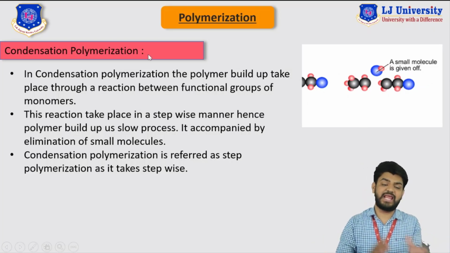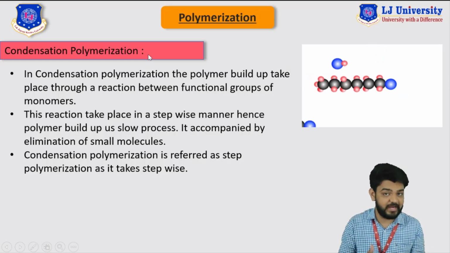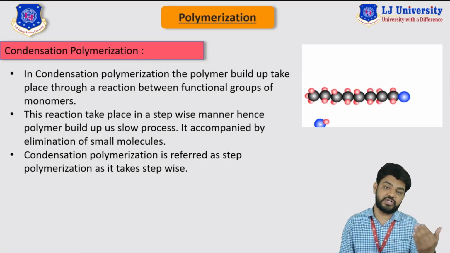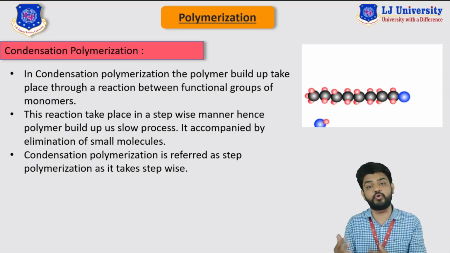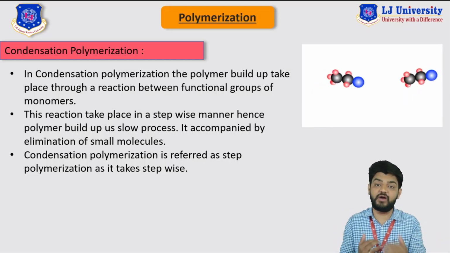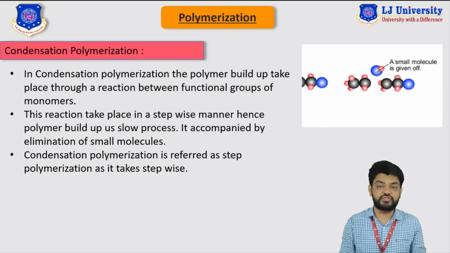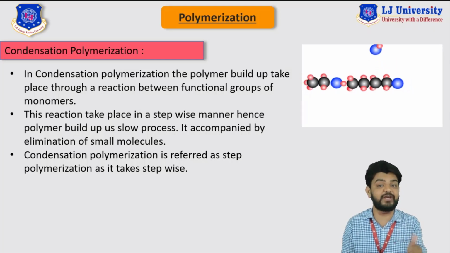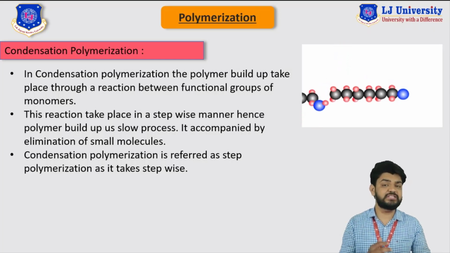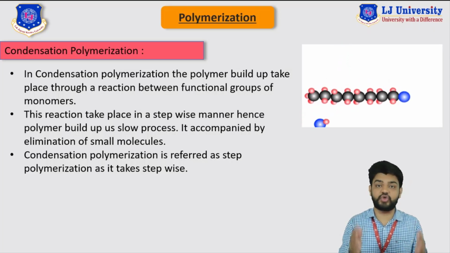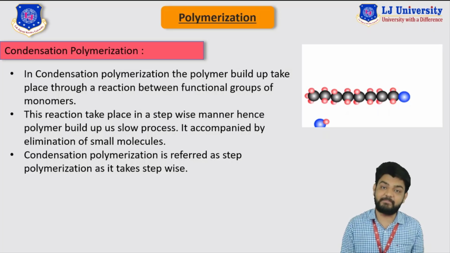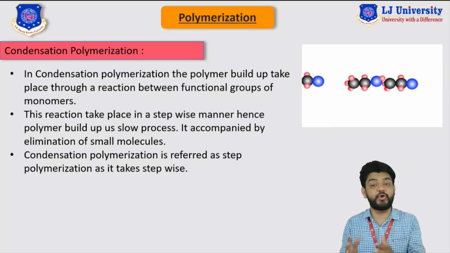This reaction takes place in a stepwise manner. When the first functional group reacts with another functional group, only after that does the third functional group react. So this entire process takes place in a stepwise manner. Hence condensation polymerization is also referred to as step condensation or step polymerization.